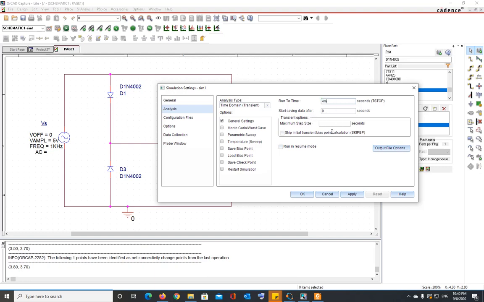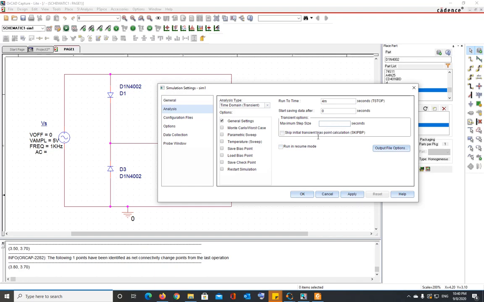And I just want to save the data right from the get-go, so 0. And then a good estimate of maximum step size is 1/100th of the time period, which is 1 millisecond over here. So plot 100 points in each time period, in each cycle. So 1/100th of the time period is a good estimate of maximum step size.